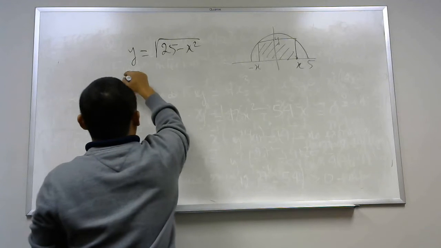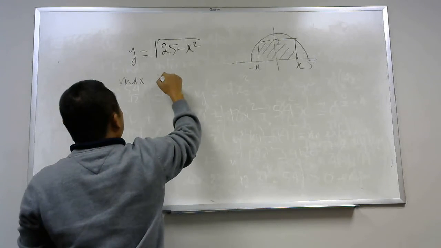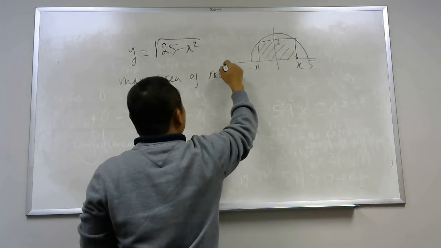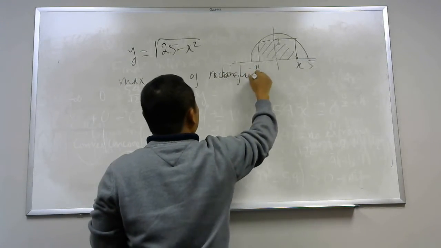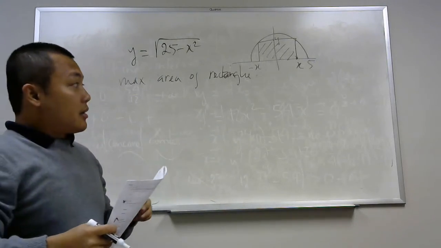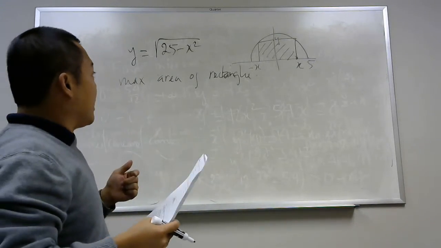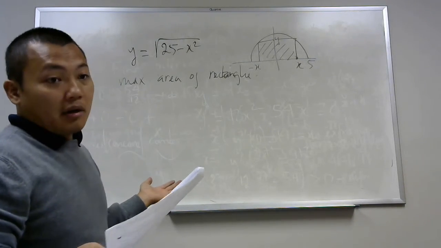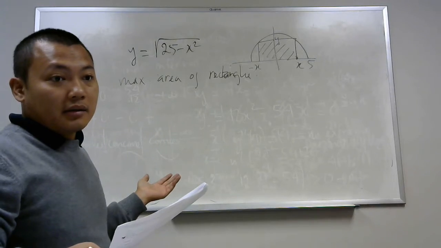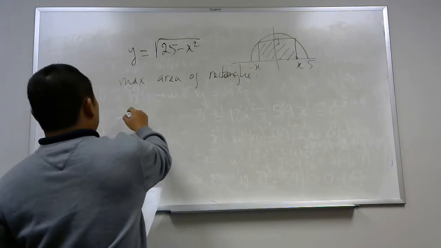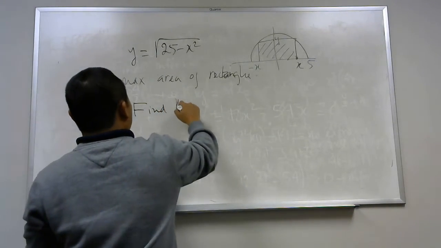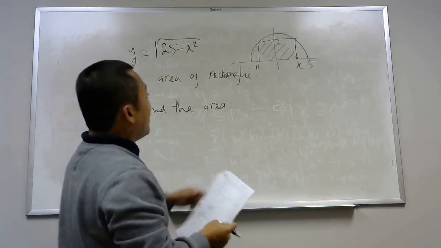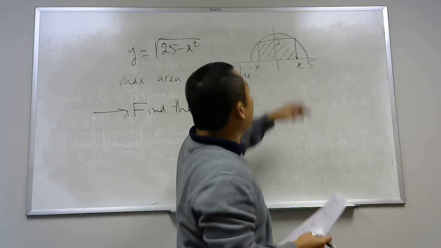That means we have to maximize the area of the rectangle. First, what we need to do is find the area of the rectangle, because we don't have the area. If we don't have the area, how can we maximize that, right? So find the area. The area of this rectangle is equal to x times y.